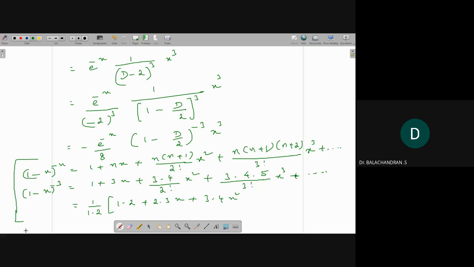I already took 2 commonly, so 3 gets cancelled. Remaining is 4 into 5. Similarly, next 5 into 6 and so on. So instead of (1 minus x) whole power minus 3, I am going to use this formula. Here if it is power 3, then you can stop up to 4 into 5 x cube. Here you have x cube, that's why I'll stop up to x cube.